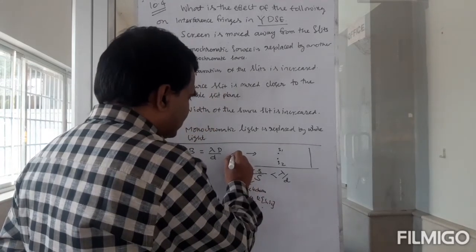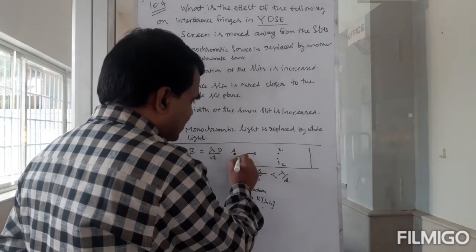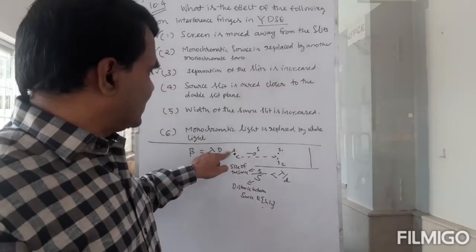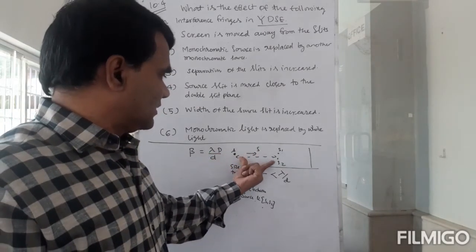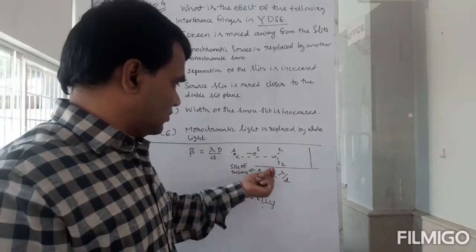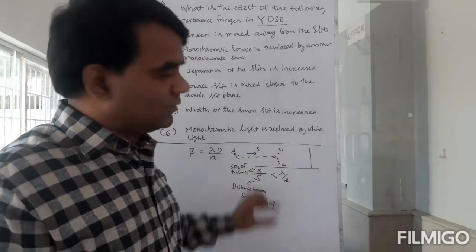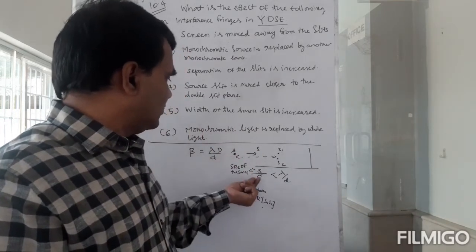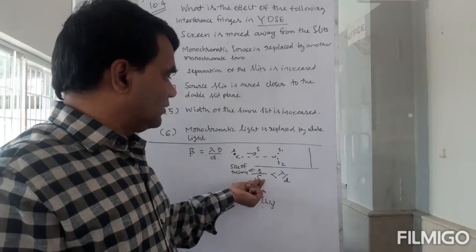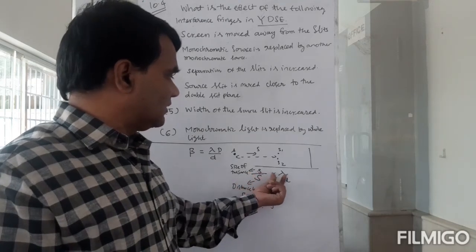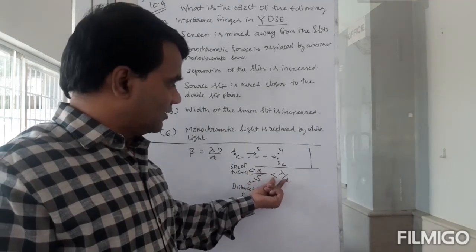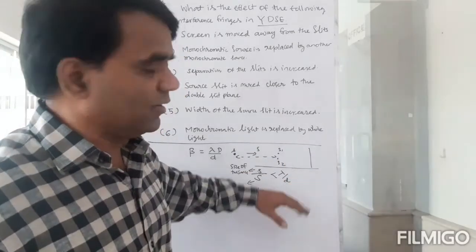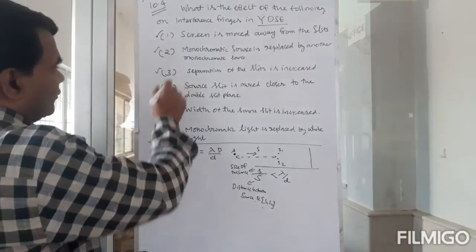If this is the source, the small s is the size, and the capital S is this distance. So this formula says this size divided by this distance must be less than lambda of the source divided by the separation between the slits. So if you are bringing it closer, then you are actually reducing this S. So s by S is increasing. As it's increasing, you may reach a point where this condition is not met, then the interference pattern will disappear. So that is about the fourth one.